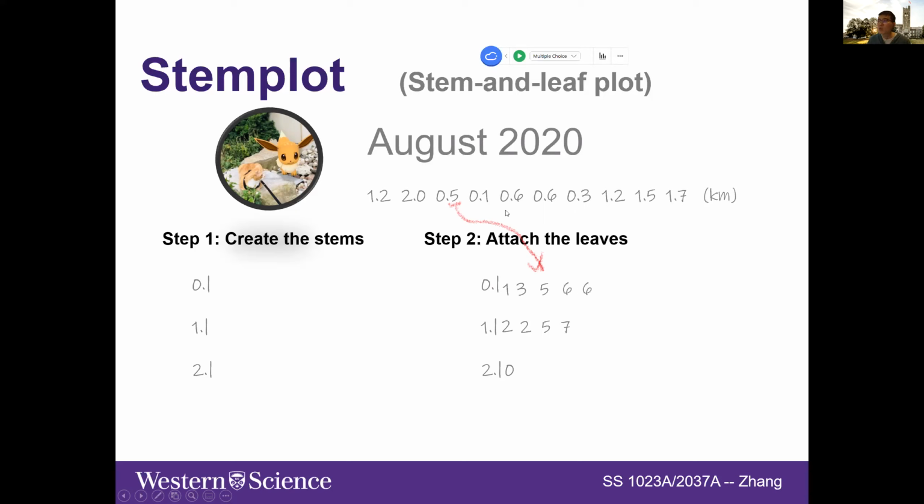Similarly, we're going to do the same thing for the other data. And finally, we will obtain a presentation of the data like this. But of course, we prefer to sort within each group so that it better presents how the data is distributed within each group.